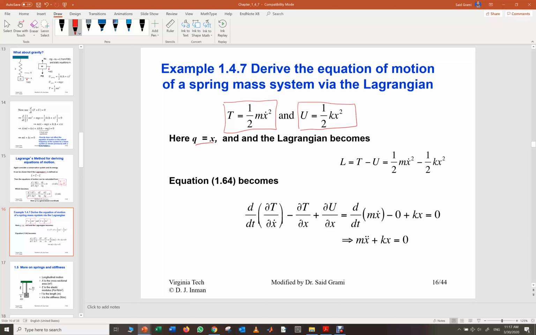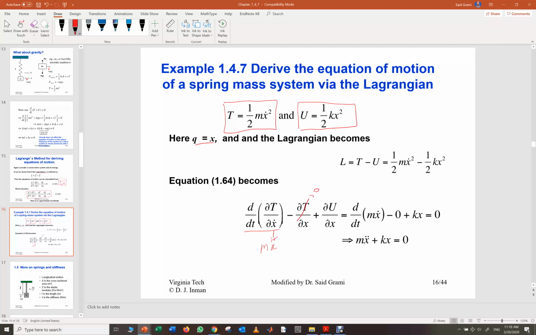If we take the derivative with respect to time of delta T over delta x dot, we get the term m x double dot. For delta T over delta x, there is no x in the kinetic energy, so this will be equal to 0 for our system.